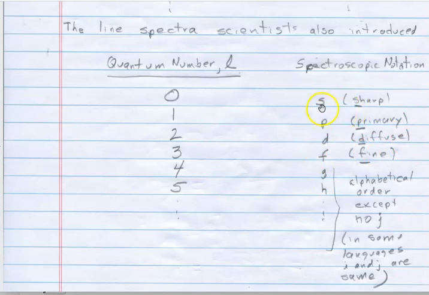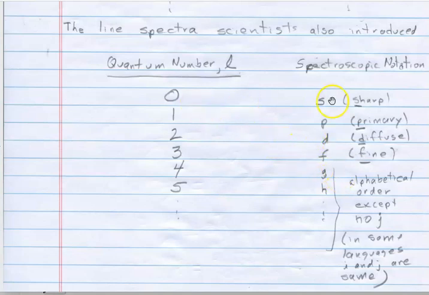These are all lowercase letters traditionally, and the S came from being a very sharp spectral line. P was principal, so the P's were usually the brightest ones. D were rather diffuse and kind of washed out, and F, which resulted from L equal to 3, were very narrow, fine, thin lines for the most part.